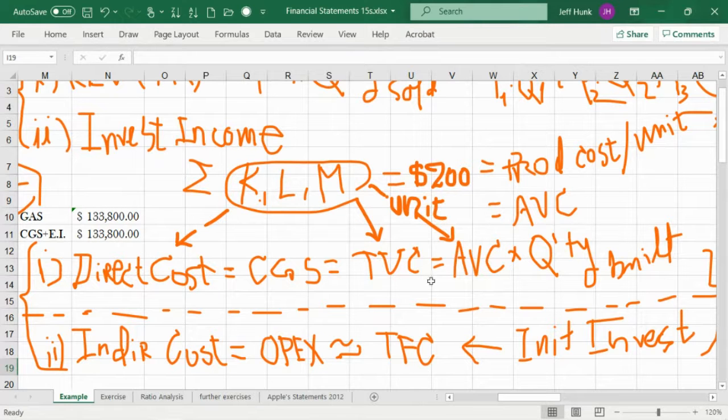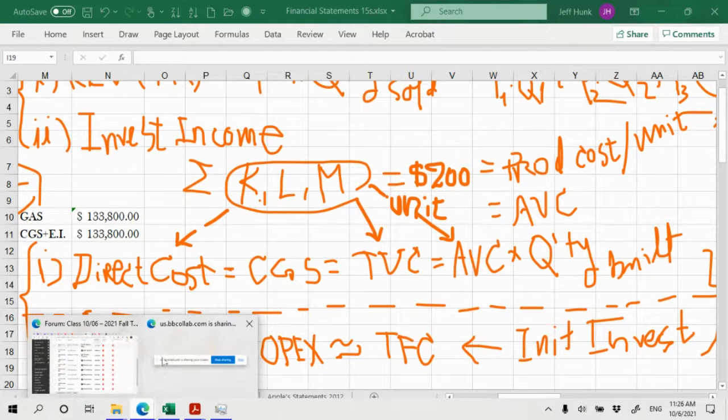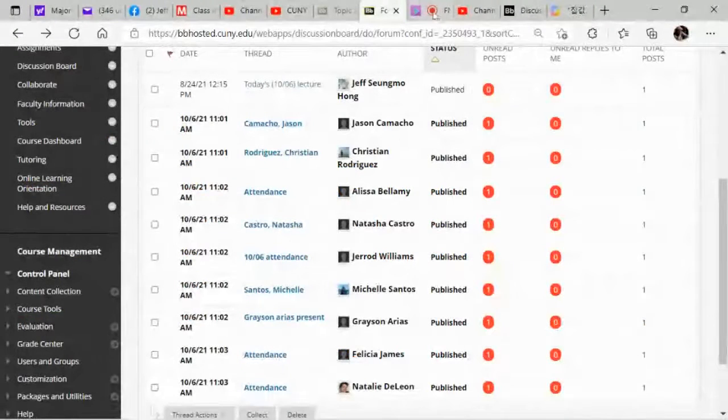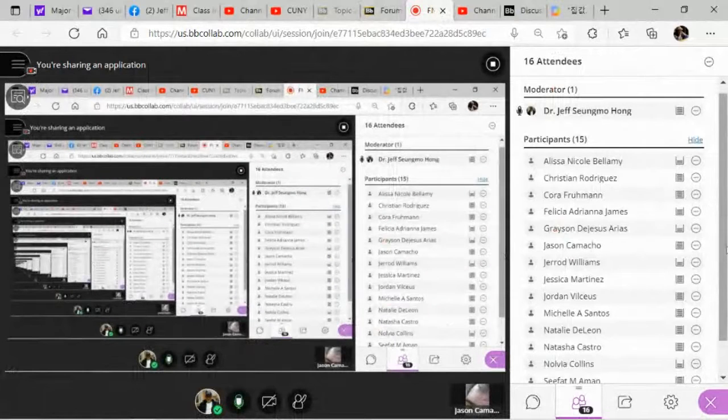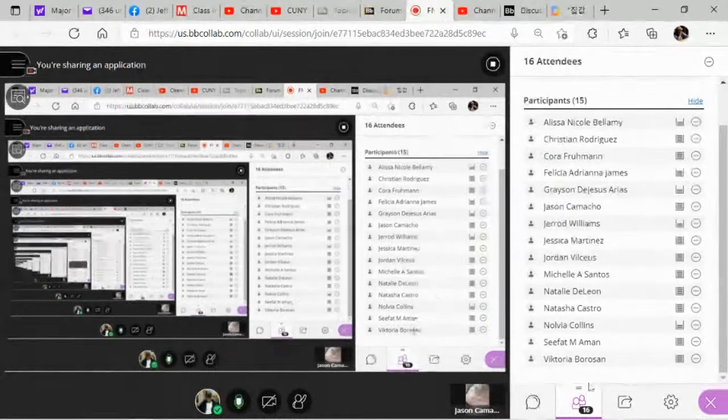You're dividing total variable cost by the quantity, so you arrive at average variable cost. And average times quantity should be total. Everyone is following? Everyone is clear about that? I'm clear. Okay, good. Jason is clear. So everyone else must be clear as well.